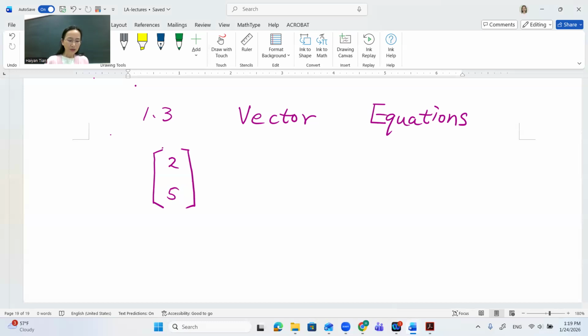So a matrix with only one column is called a column vector, or simply a vector. So this is a vector. A vector with two entries. Here the first entry is 2, the second entry is 5.